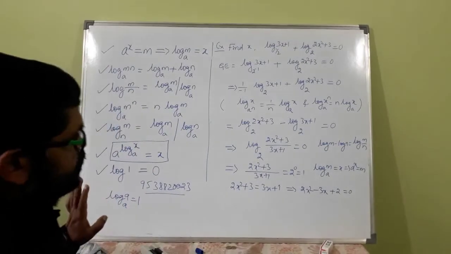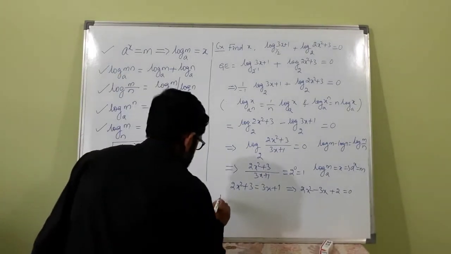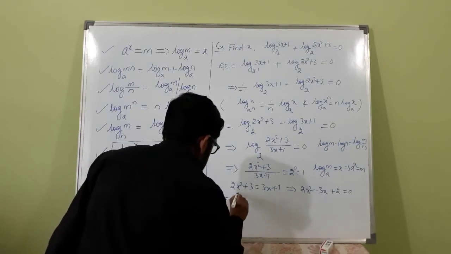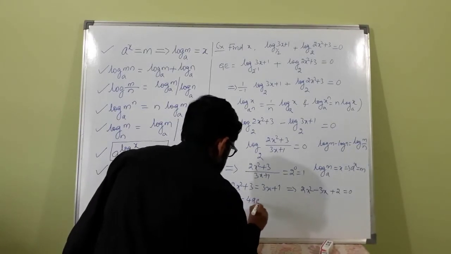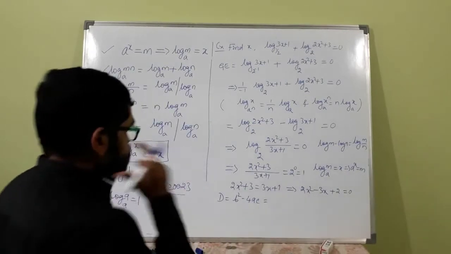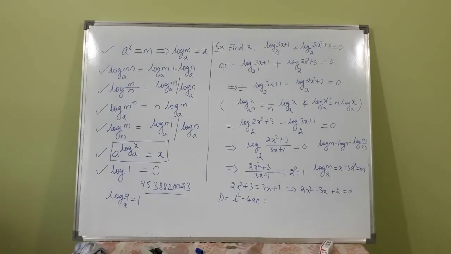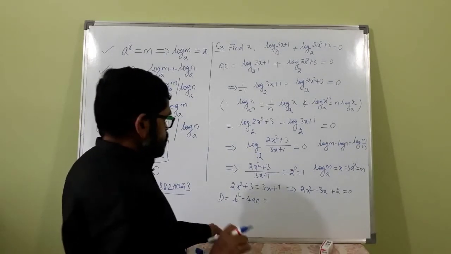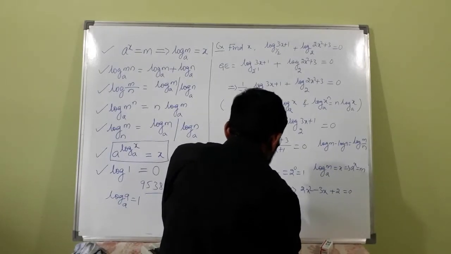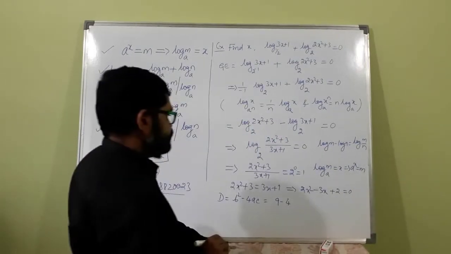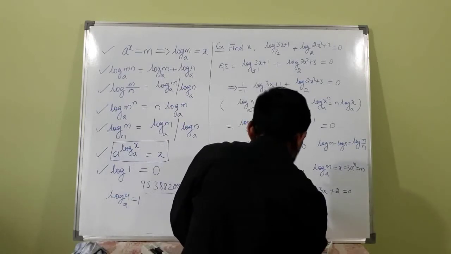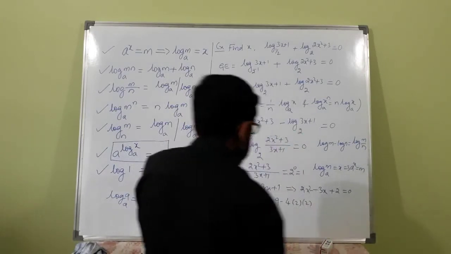See, let us check for the discriminant. D is b squared minus 4ac. Because if it is negative, you need not find the solution. If it is positive, then let us go on, because the roots are real. B square means here 9 minus 4, a is 2, c is also 2, 16.